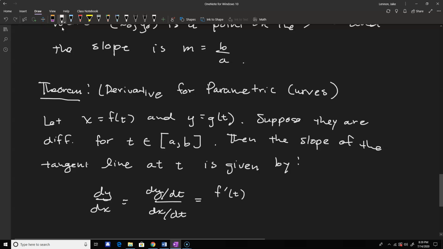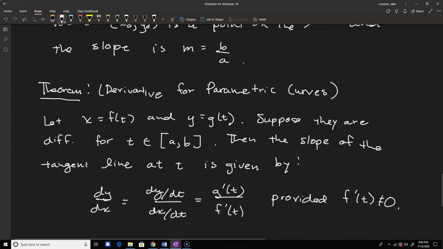Oh no, y is g, sorry. So g prime of t over f prime of t, provided f prime of t is not equal to 0. So, pretty straightforward, exactly what you'd expect.